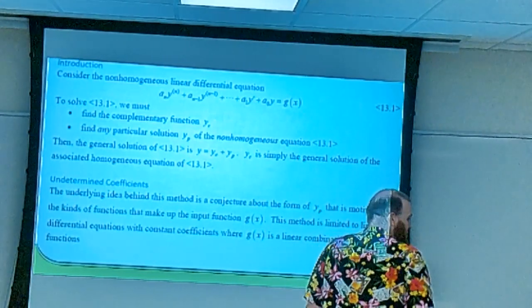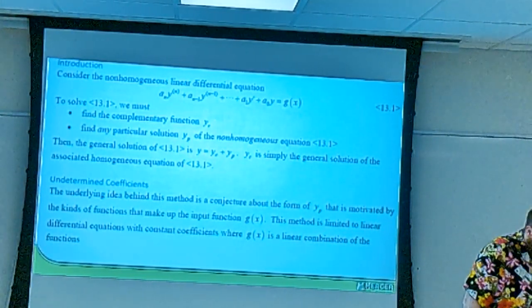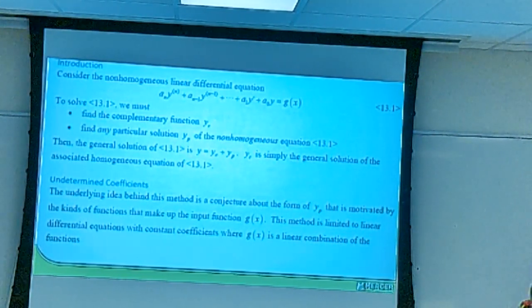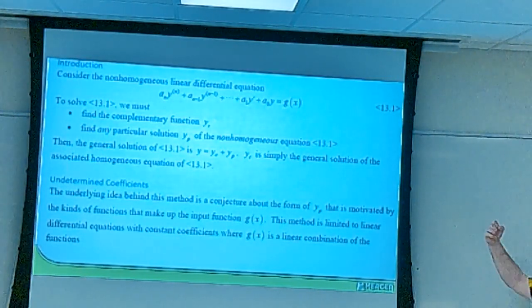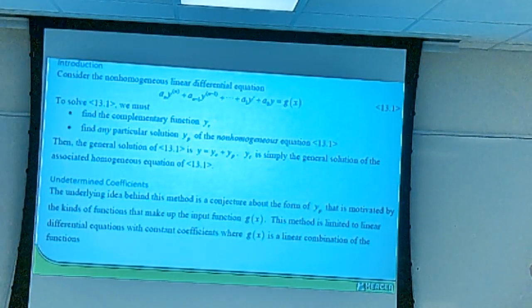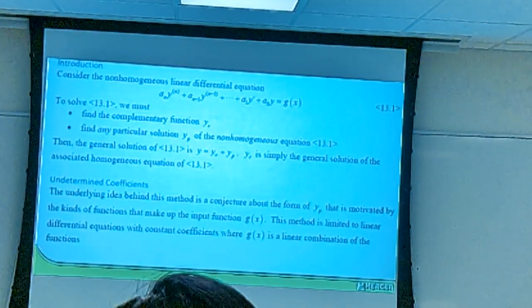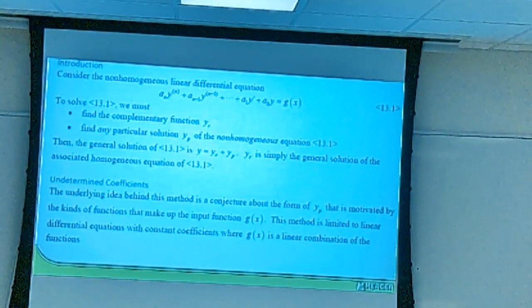Moving on to solving non-homogeneous equations. So remember, non-homogeneous means your g of x function is not 0. What we do is we first find what's called the complementary function, which is just solving the homogeneous equation, which we just did.